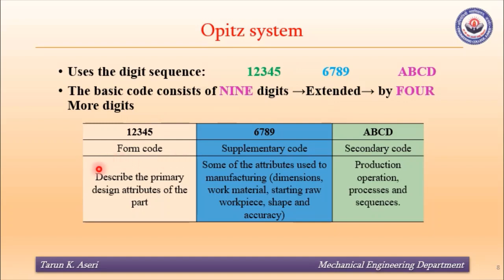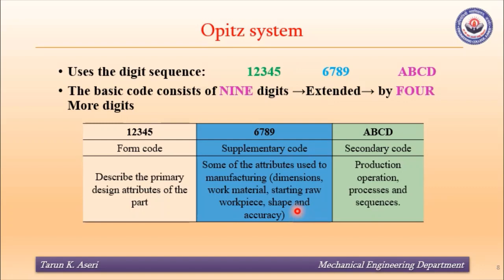The form code describes the primary design attributes of the part: what kind of material, shape, dimension, etc. The supplementary code provides some of the attributes used in manufacturing, like additional dimensions, work material, starting raw workpiece shape, and accuracy required.